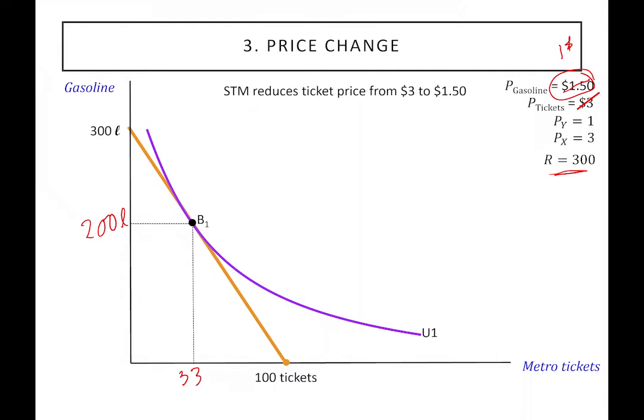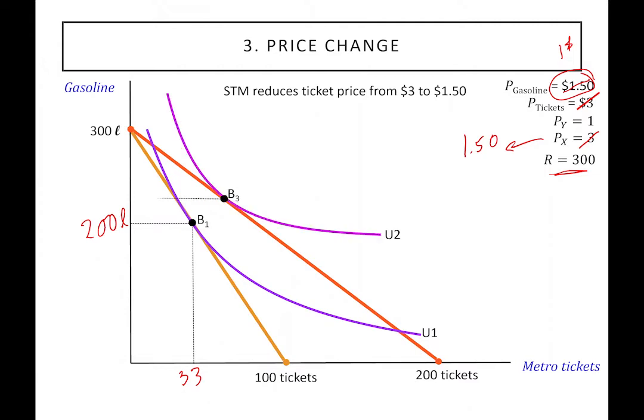So this changes now from $3, this is going to change to $1. And now we can redraw the budget constraint, which means now that the person can purchase 200 tickets because they're half price, which again means that we're going to move to a higher indifference curve. They choose a bundle B3. In this case, they happen to buy more Metro tickets, but they also buy more gasoline.